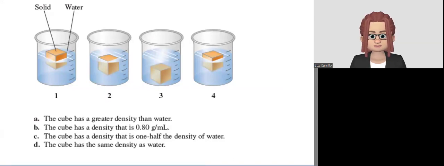Next, select the image that corresponds to the cube has a density that is 1/2 of the density of water. And lastly, determine what is the illustration that corresponds to the cube has the same density of water. Remember that the density of water is 1.00 grams per milliliter.